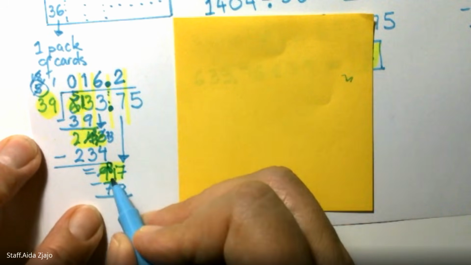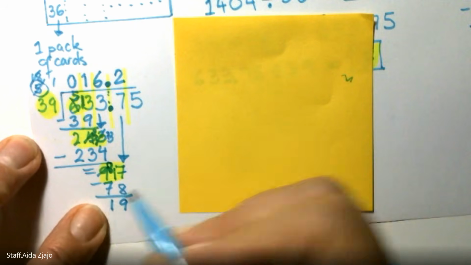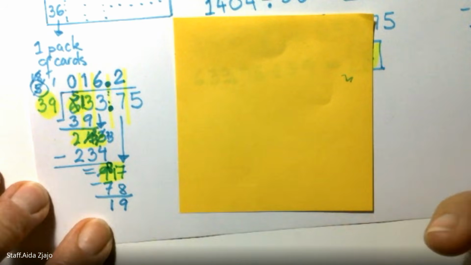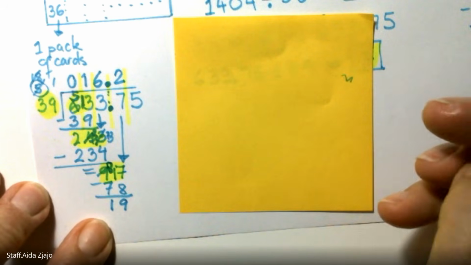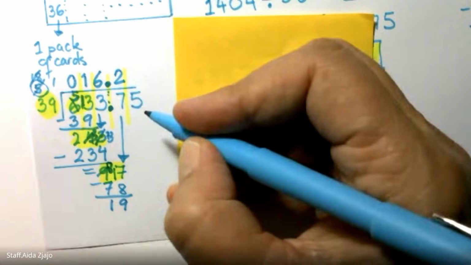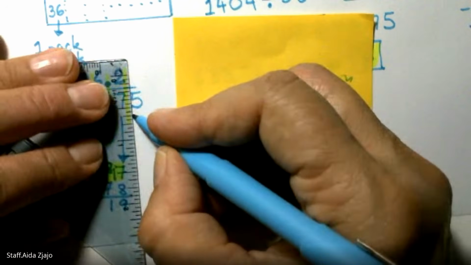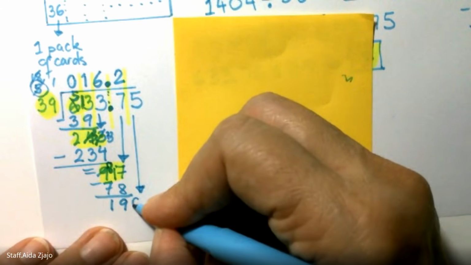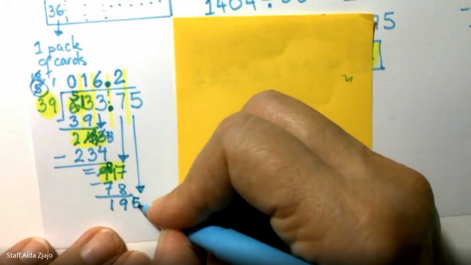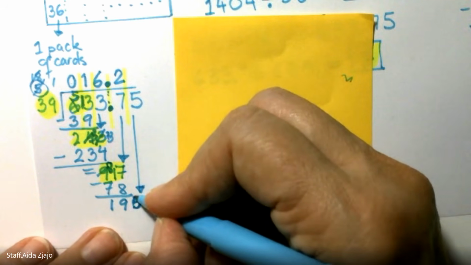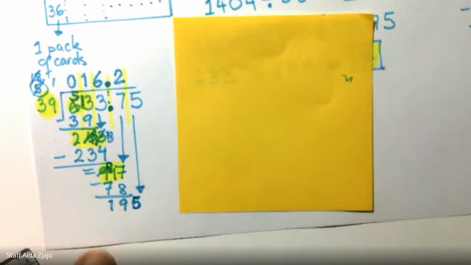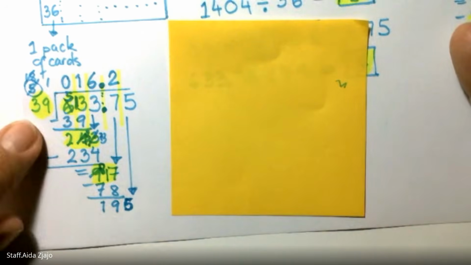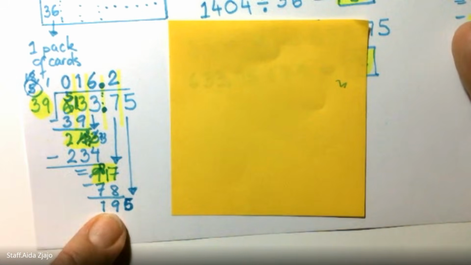And then 8 minus 7 is 1, so we have 19 left. So now I'm going to bring the last number, which is 5. Now I have 195. How many groups of 39 are in this number?